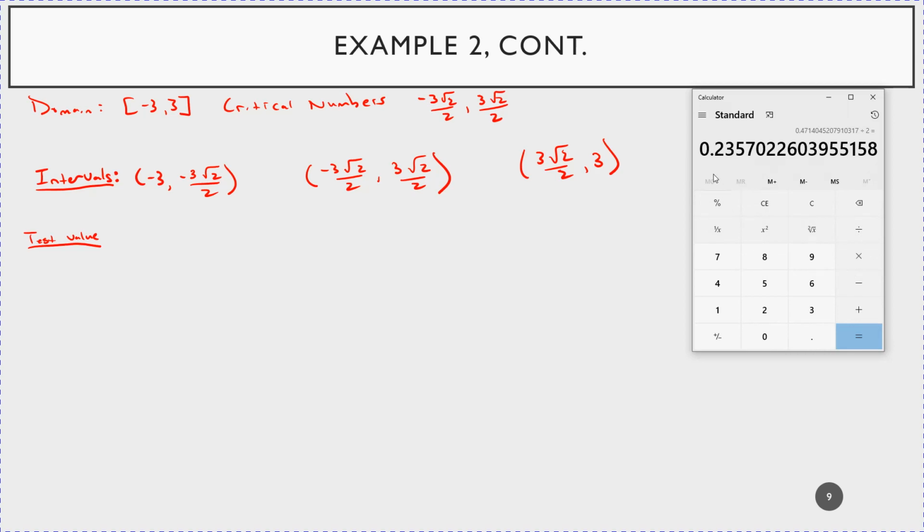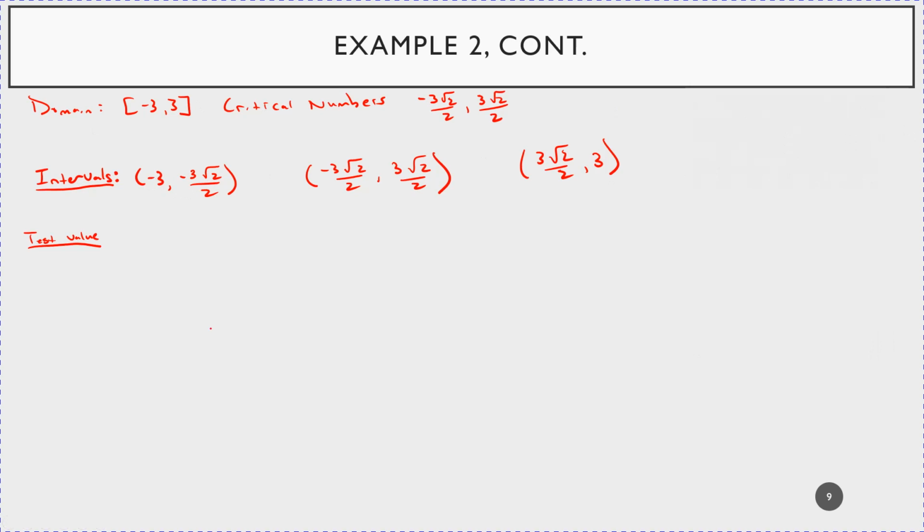Let me make sure I did that right. There we go, so it's 2.12. Always check your work. It didn't seem right when I first did it. So with a number between negative 3 and negative 2.12, I'm going to pick negative 2.5.